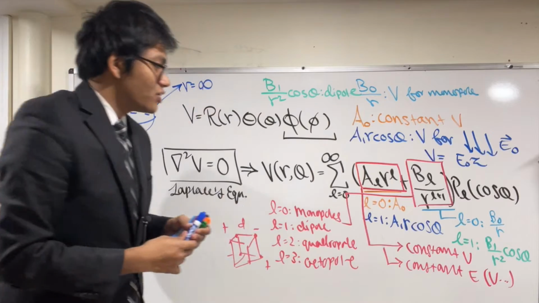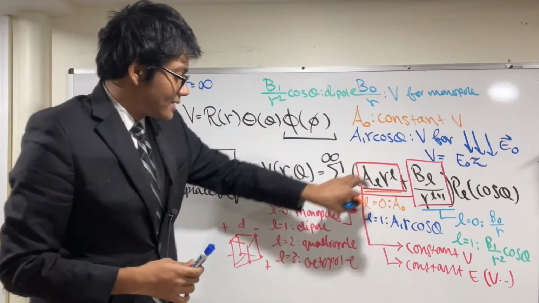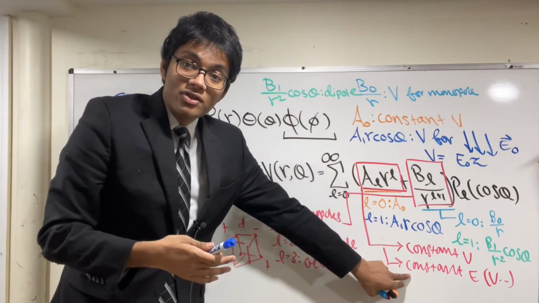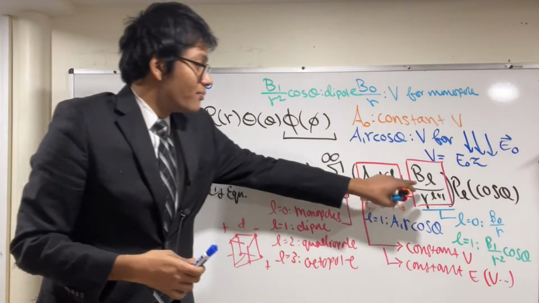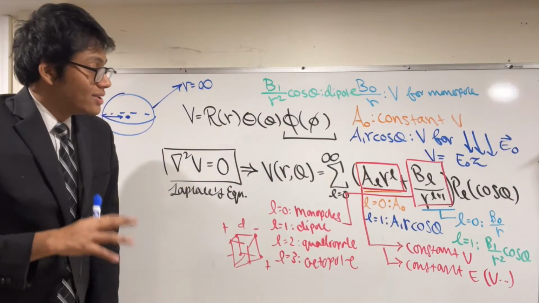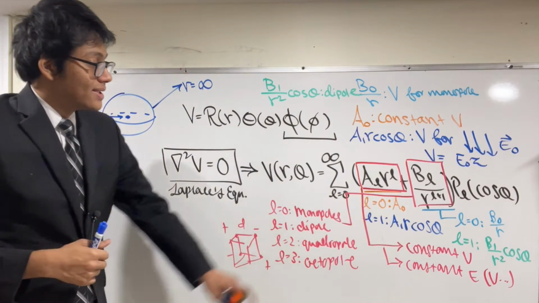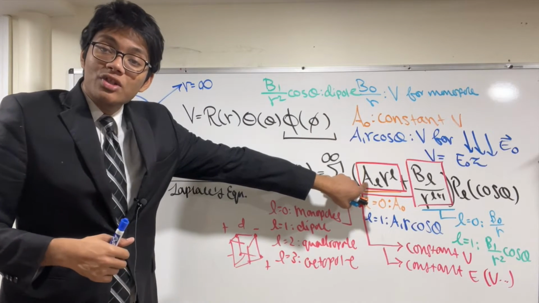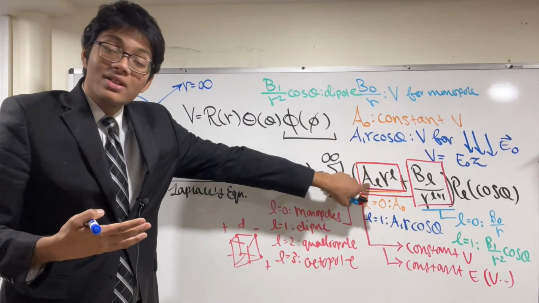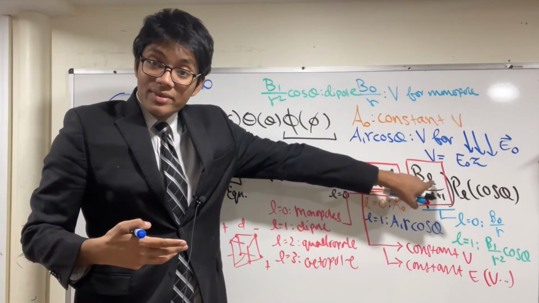The first motivation is that you're adding the boilerplate stuff, your constant potentials, your potentials for constant electric fields, to your monopoles, your dipoles, your quadrupoles, your octopoles. On the other hand, you can also motivate this by asking how to get the electric potential inside a spherical conductor, for instance. Well, I'm going to have to consider the first term, because the second term is going to diverge.